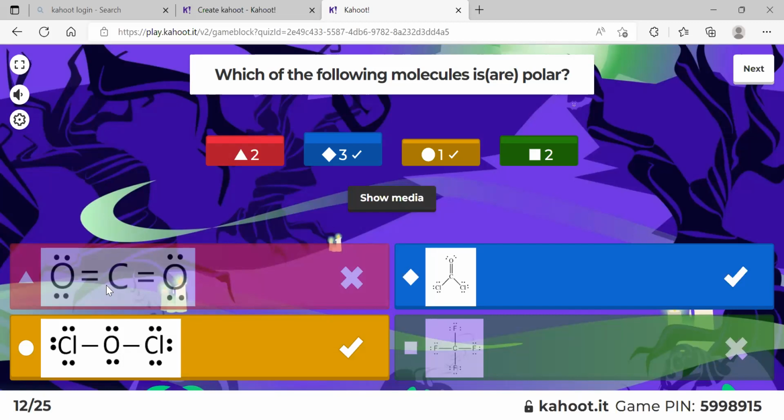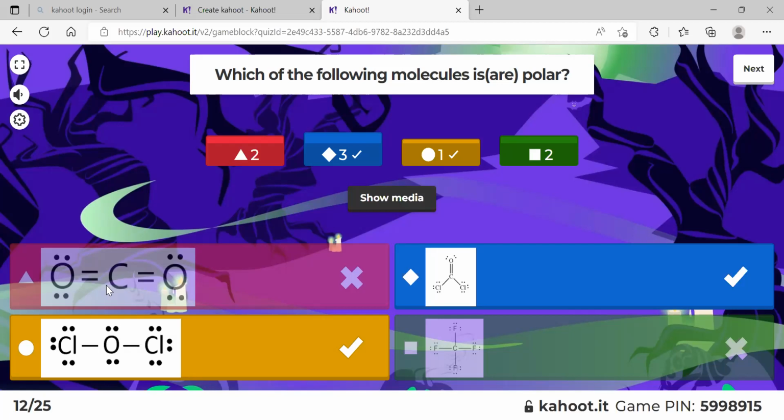Remember that when it comes to overall polarity, what you need to tell yourself is, if I have a Lewis structure in front of me, or if I specifically have to draw the Lewis structure, I have to identify the electron group geometry, and based on the electron group geometry, I ask myself, if the molecule is linear and it has identical groups, 2 of them, that means that it is non-polar.